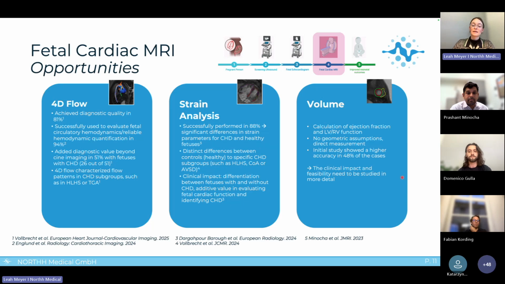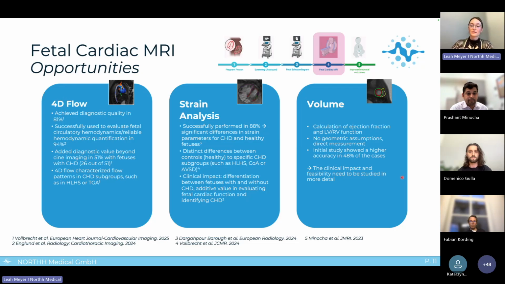And lastly, a study on reference values for fetal cardiac MRI dimensions in healthy third trimester fetuses. This was an establishment of fundamental clinical data, calculating the ejection fraction and left and right ventricle function. There were no geometric assumptions, but direct measurements.